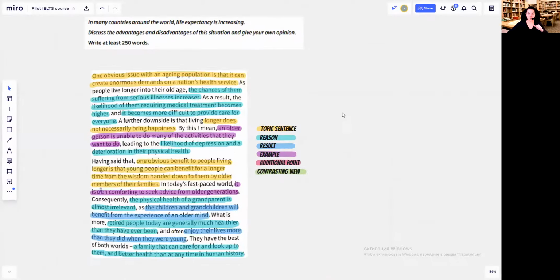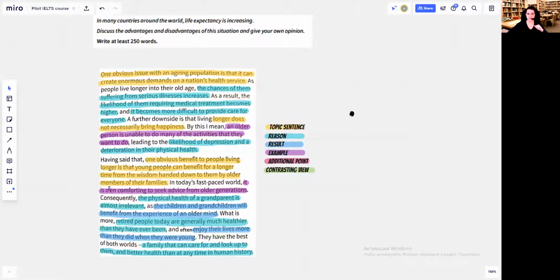Now, I'm using a color code here, and I decided to highlight the topic sentences with yellow and the rest of the functions in different colors. Now, let's look at the first paragraph. Obviously, the first one deals with the disadvantages.